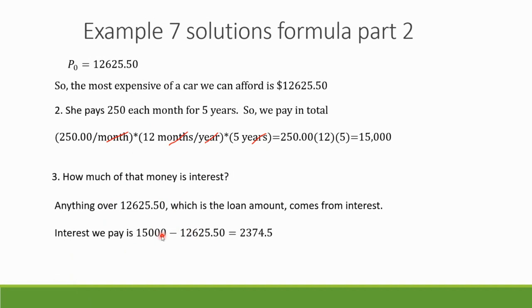So for the interest, this is what we do: take how much we're paying, subtract the loan balance that we're paying off, and the rest is interest. So she's paying this much in interest. So that's what we get here. Good. Okay. Any questions on this?